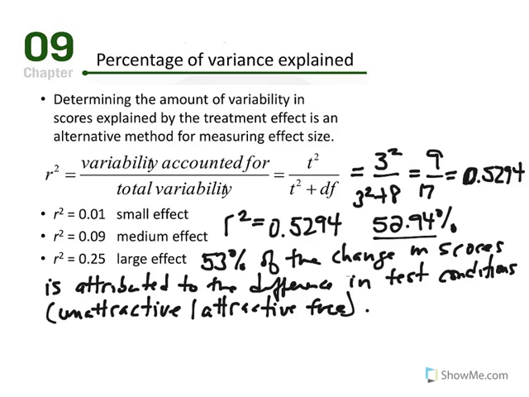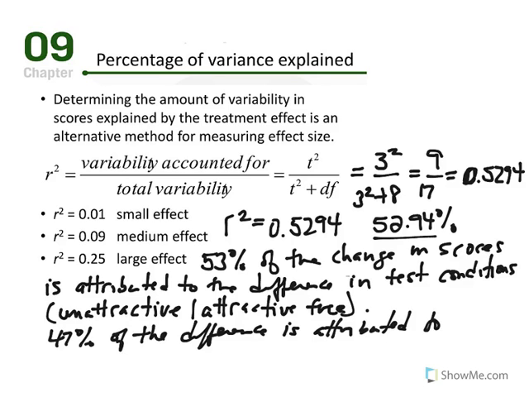Now, something to consider is what's the difference between 100% and 53%? So that would be 47%. So we can think of the remaining amount of difference, 47% of the difference, is attributed to other factors.